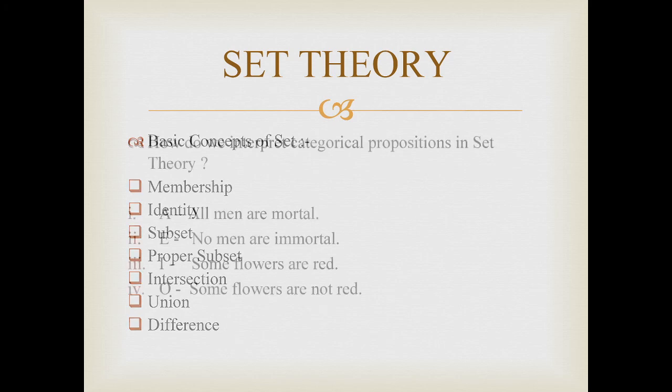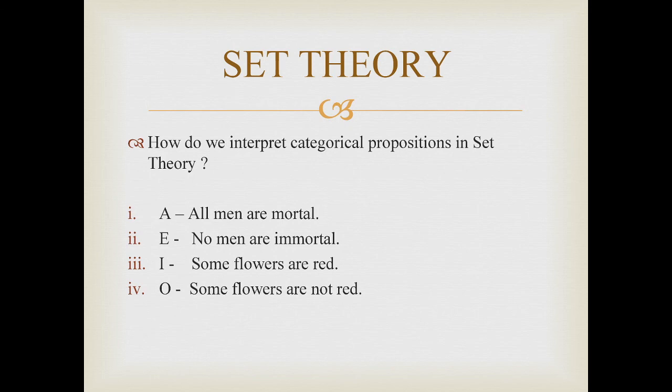Now my next slide is about how we interpret categorical propositions in set theory. There are four categorical propositions, A, E, I, O, identical with the English vowels. The A proposition is: all men are mortal. In set theory, the A proposition is explained this way. There are men and there are immortals, and that set is empty.